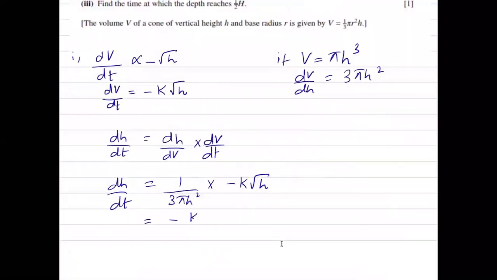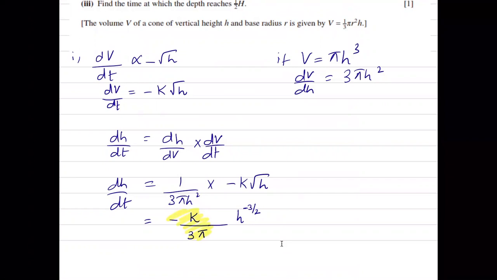So if I rewrite this expression, minus k upon 3 pi, so root h is h to the power of half, and this is h squared. If I simplify this, I am going to get minus 3 upon 2. Is that correct? Can you confirm this to me? Yes, sir. So minus k upon 3 pi, I know that k is a constant value, 3 pi is a constant number.